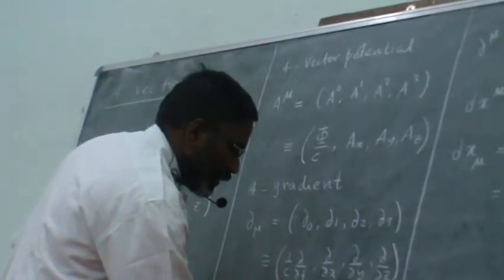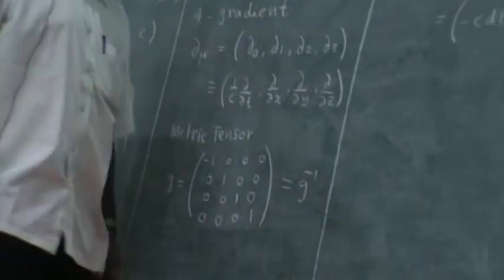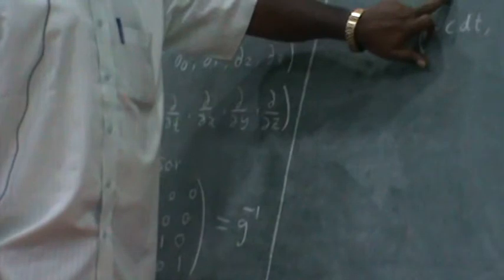Remember, this matrix is also the same as its inverse. So I don't have a different matrix if I put the indices as subscript or superscript, it is the same matrix.